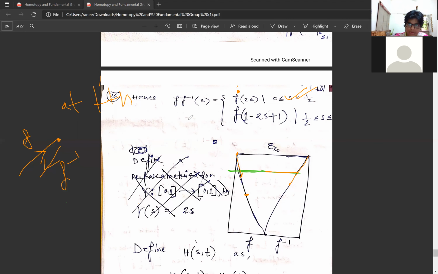Maybe this is your t equal to, let's say, t prime, you are coming here, and this will represent your f inverse, right? And then from t by 2 to 1 minus t by 2, you are fixing yourself there, just sitting there as it is.